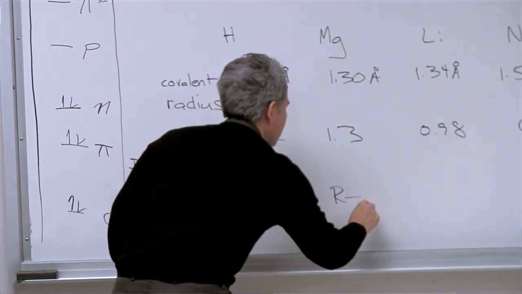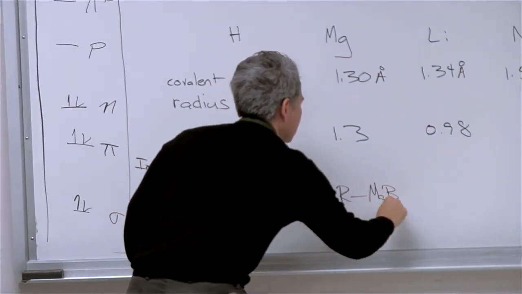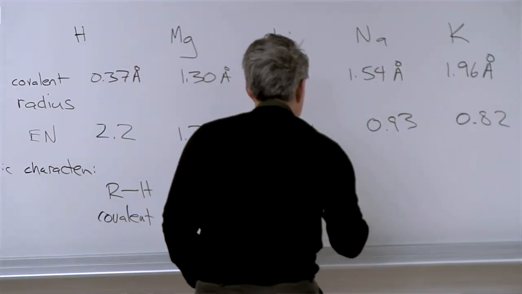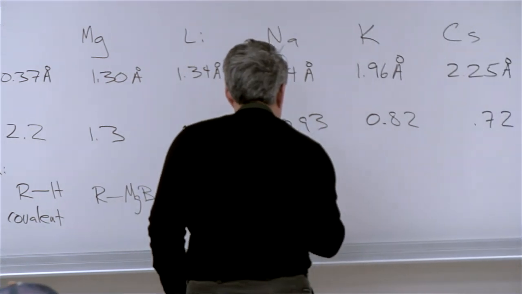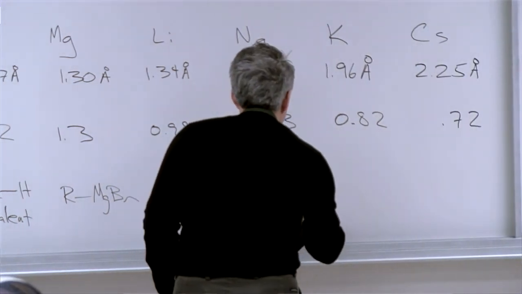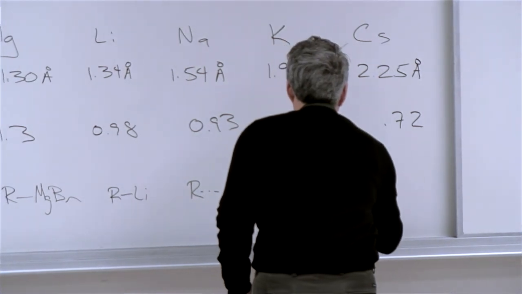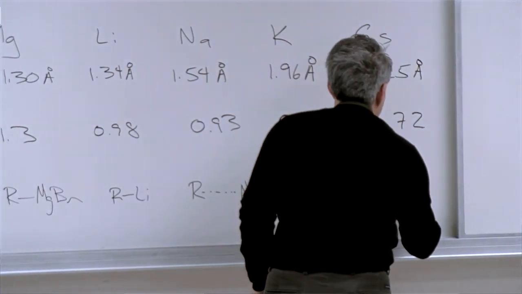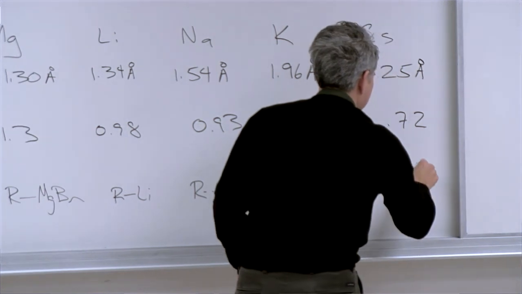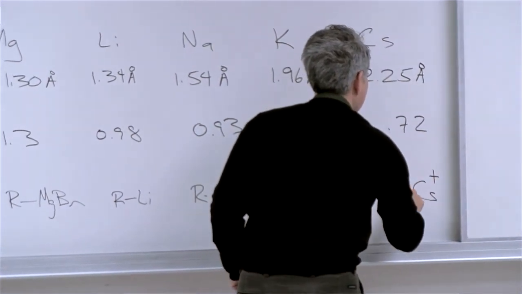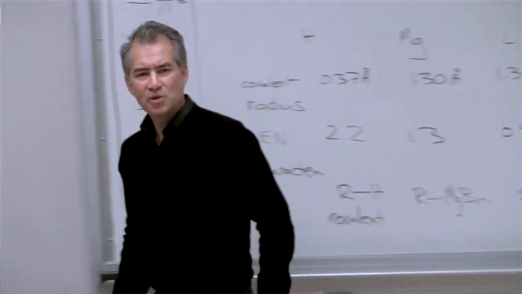Then when I make a bond to magnesium, and as I keep marching across here on the periodic table, these bonds will become more and more ionic. I really hate to use dashed lines because you can't push arrows with dashed lines. But eventually I'm going to get over here to this alkyl cesium bond, and here I'm just going to have a tendency to draw things like this, where it's purely ionic.